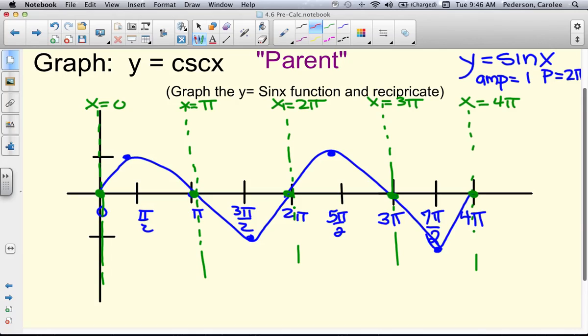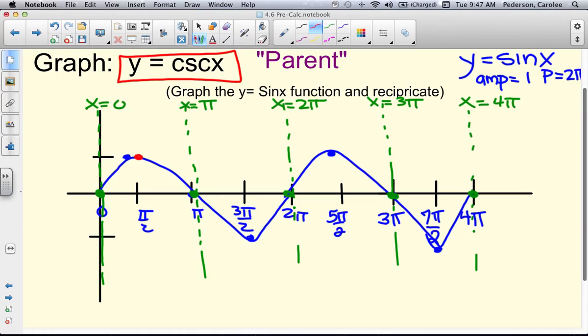All right. Now the actual cosecant function I'm going to have in red. And the way that I remember this is I go to each of what I call the hills between the asymptotes. So in the first asymptote set between 0 and pi, there's a hill that goes up like this.